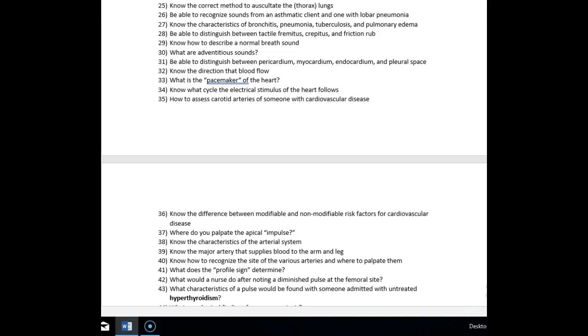And the pleural space is the part that's anchored to the diaphragm.